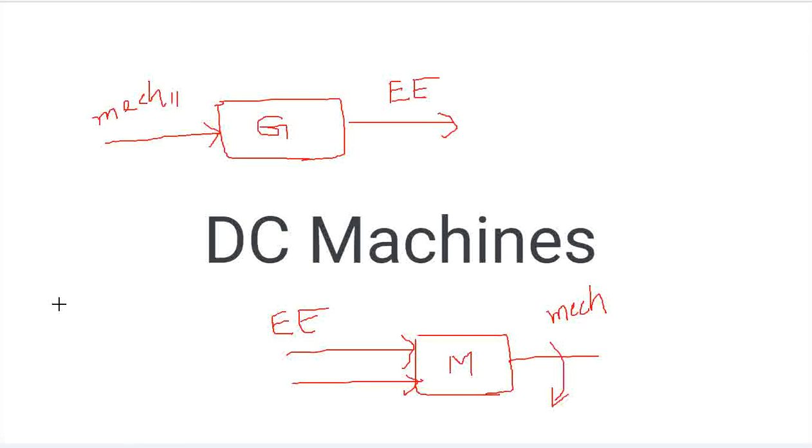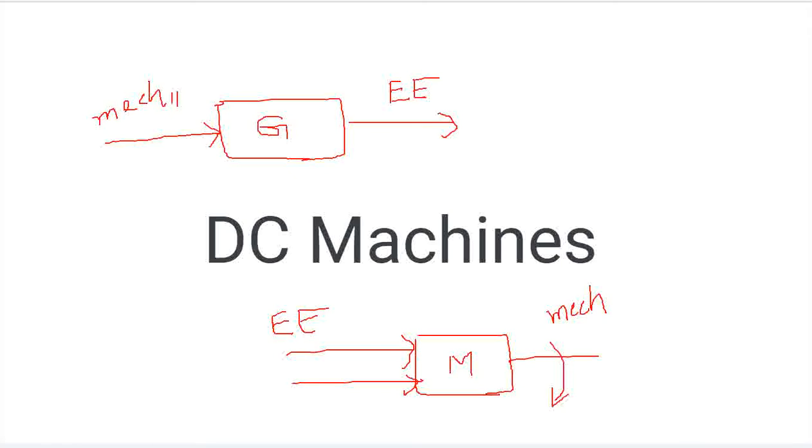The conversion mechanism is known as a commutator. Okay. So these machines are also named commutating machines. So why? Because there is an action called commutating. Because of the commutating effect, these machines are called commutating machines.